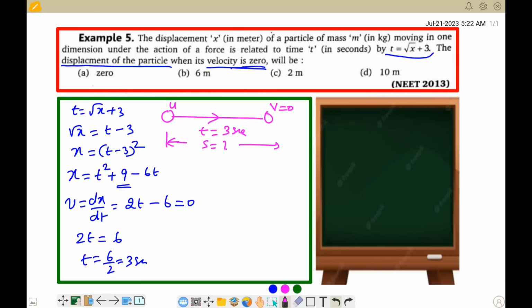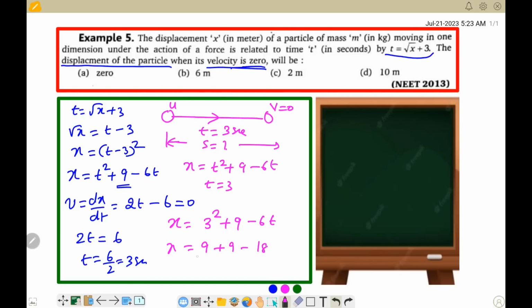If you want to find the displacement, you have to consider the equation of displacement, x is equal to t square plus 9 minus 6t, and place t is equal to 3 in this equation. Then you will get the displacement. Therefore x is equal to 3 square plus 9 minus 6 times 3. 3 threes are 9, plus 9, minus 6 threes are 18.